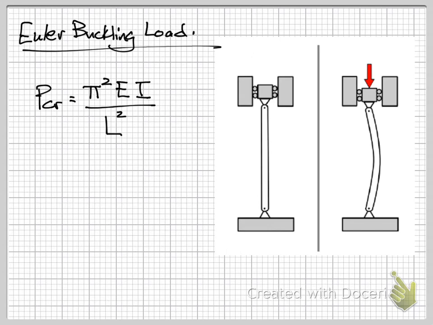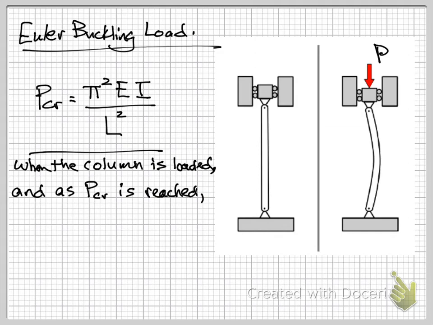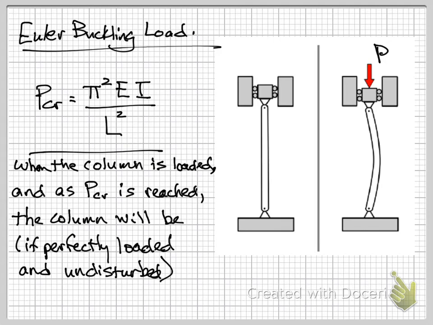This column experiencing the vertical compressive load shown on the right will have the propensity to buckle once the critical buckling load is reached and the structural instability occurs. When the column is loaded and PCR, the critical buckling load, is reached, the column will be structurally unstable.